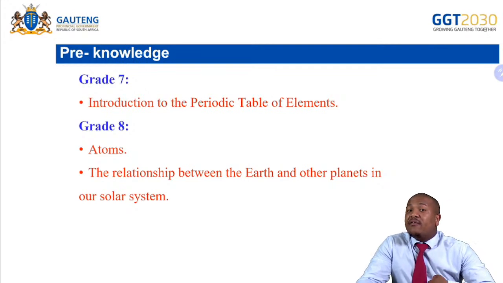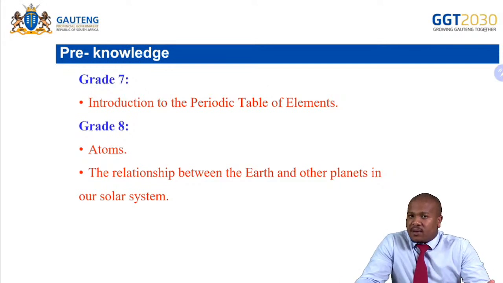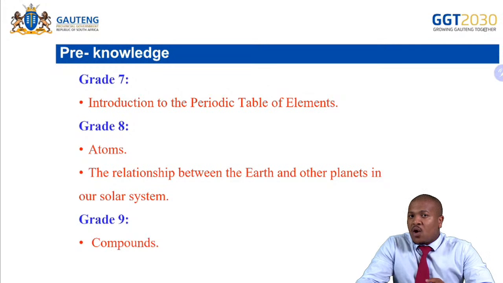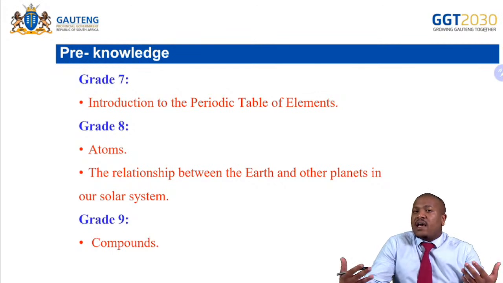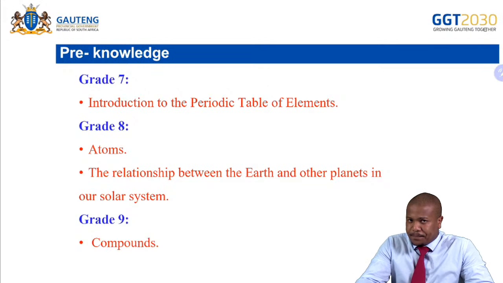We said that we have 8 planets in total, and planet Earth is number 3 from the sun. Then in this grade, we talked about compounds, which are 2 or more different elements chemically bonded in a fixed ratio, and gave examples such as carbon dioxide, water, and so on.